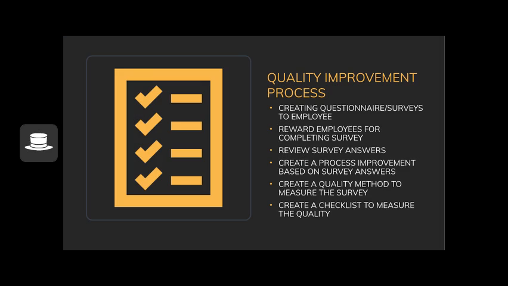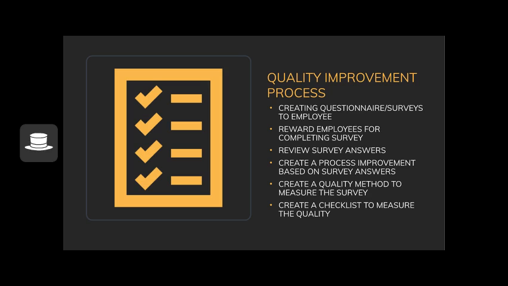In this team case study, a quality audit can be used to improve processes. Leaders can create a questionnaire or survey for employees to take and reward employees for completing the survey. They can review the survey's answers and create a process improvement based on the answers on the survey.